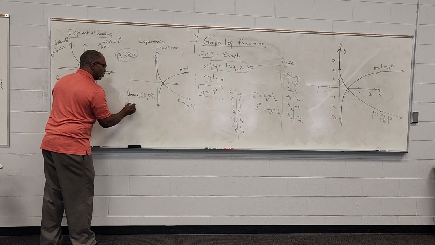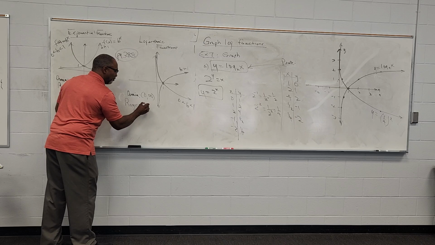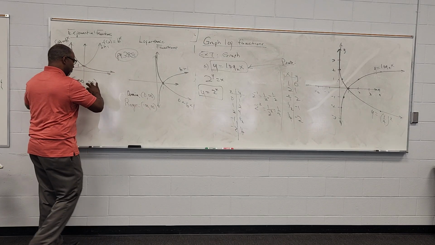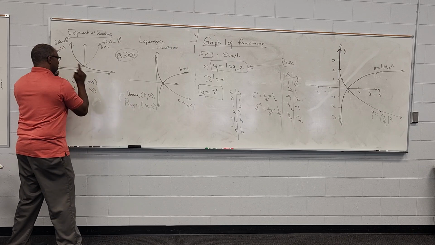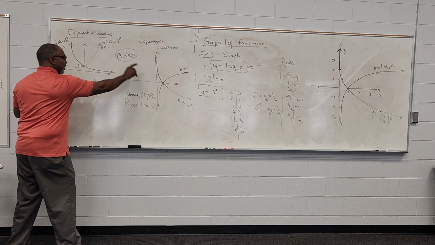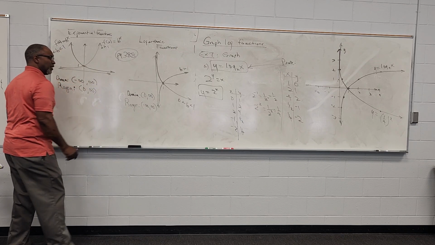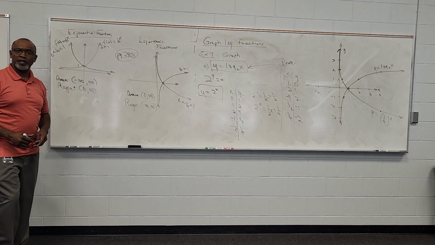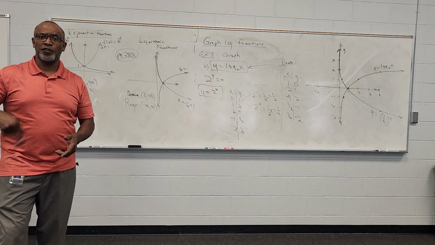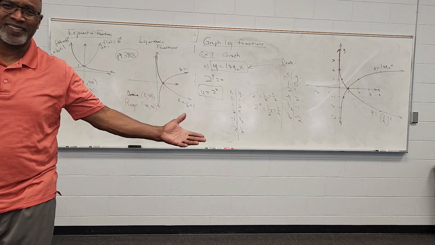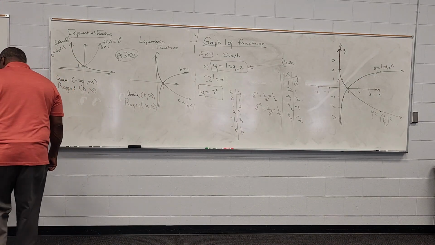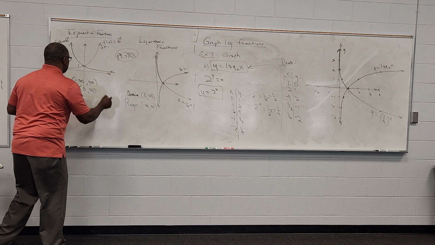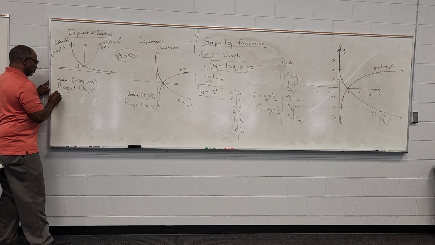The range is everything. They flip, right? The domain for the exponential function, since the log is the inverse, becomes the range. The range for the exponential function becomes now the domain. So the domain and range flip for exponential versus logarithmic functions. That makes sense. They're inverse functions of each other. Okay? Horizontal asymptote. There was a horizontal asymptote, y equals 0.